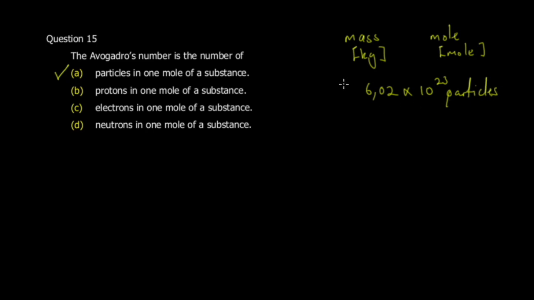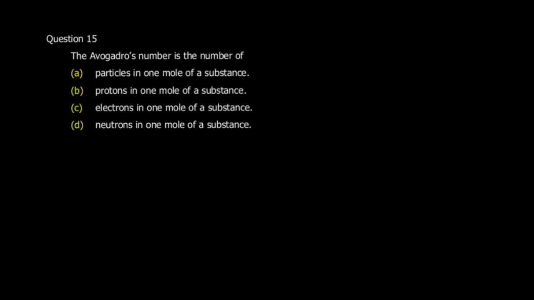It's a way for us to keep numbers sane in chemistry, because when you're talking of electrons and atoms, there can be so many in very little mass. That's why we use this concept of mole. So the mole means number of particles. Avogadro's number is the number of particles. It defines the mole. Avogadro's number, we find it in thermodynamics. Let's quickly move to the next part.